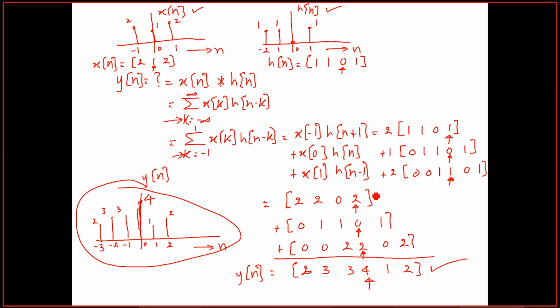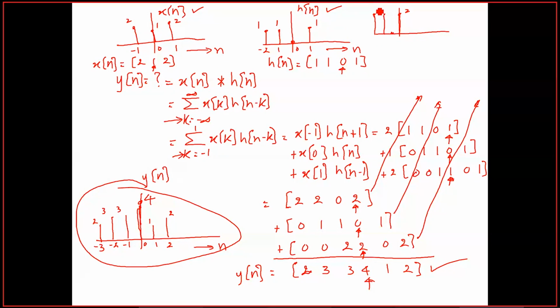So if we, let's say, want to draw this thing and this thing and this thing, diagrammatically also we can draw these three and then add them together. Like if you take the first term, this first term would be something like this. This is your x of minus 1 h of n plus 1, this first term. It is 2, 2, 0 and 2, and the last 2 is right here. So 2, 2, 0, 2.